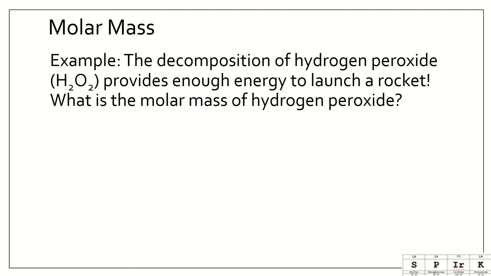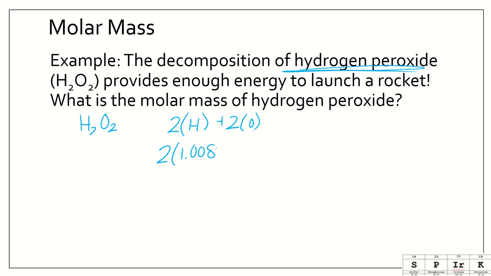So for example, the decomposition of hydrogen peroxide, H2O2, provides enough energy to launch a rocket. What is the molar mass of hydrogen peroxide? Okay, so all we need to do here is look at the formula, H2O2, and we add up their masses. So we have 2 hydrogens plus 2 oxygens. 2 times 1.008 grams per mole plus 2 times 16.00 grams per mole.